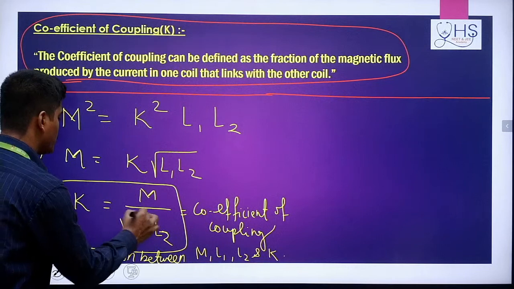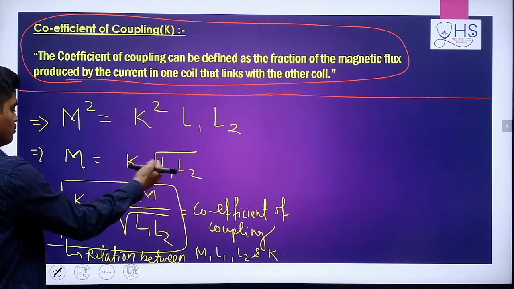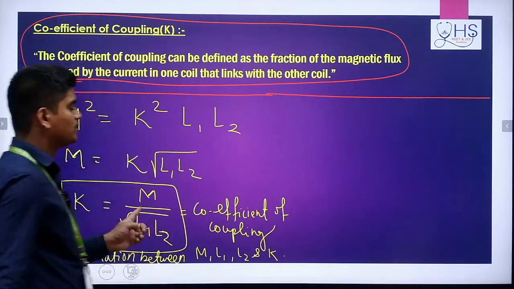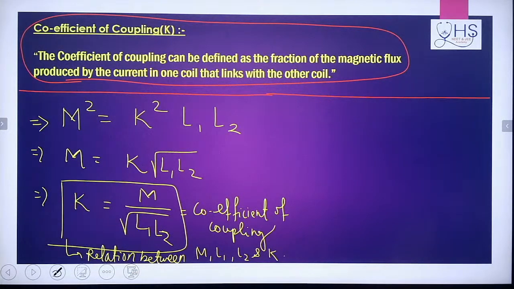One root is there, because this will come this side. So K equal to M divided by root under L1 into L2. Now depending on K value, you can decide M value, and depending on M value, you can decide K value.